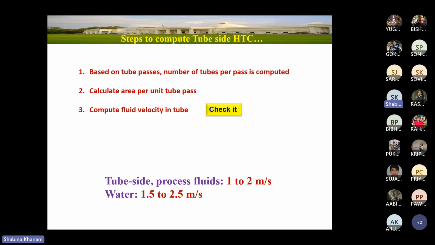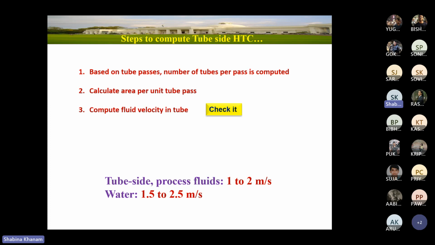So more velocity you can expect. In that way you can argue that we can simply have double velocity. Let's say if velocity is coming 0.8, so if you increase the pass by 2, velocity should be 1.6. Your argument is correct, but the point is the number of tubes should be a complete number.